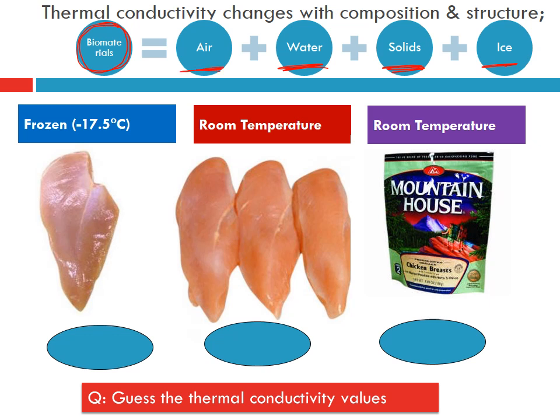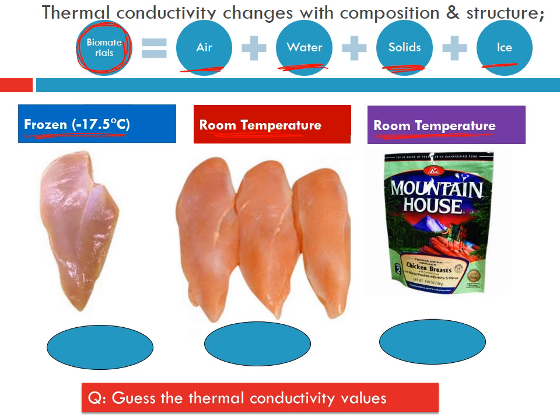So if we think of biomaterials this way, can we try to predict what would be the thermal conductivity of the same tissue in this case? These are chicken breast muscles, and are they going to have the same property at the three different conditions?